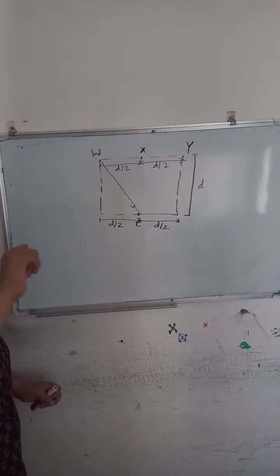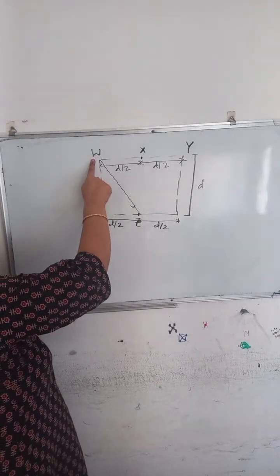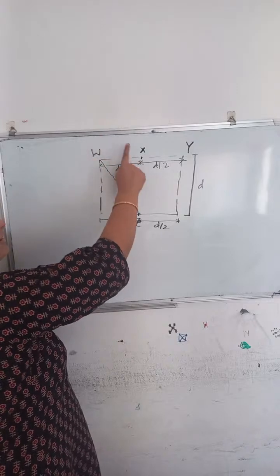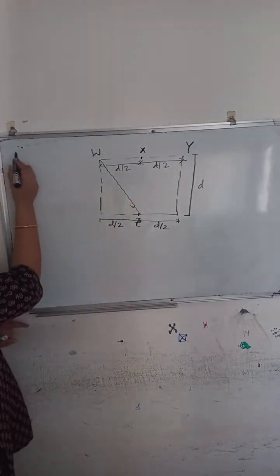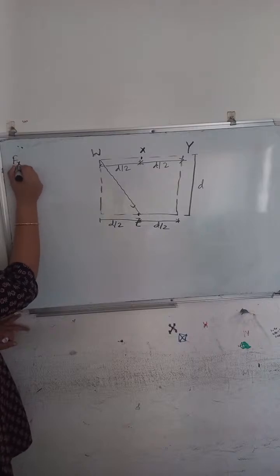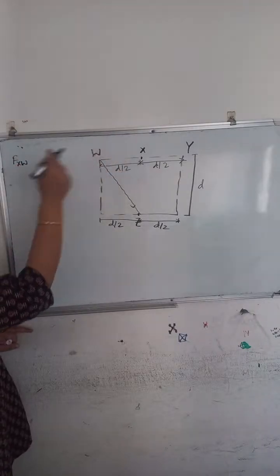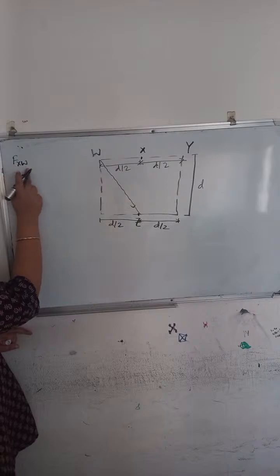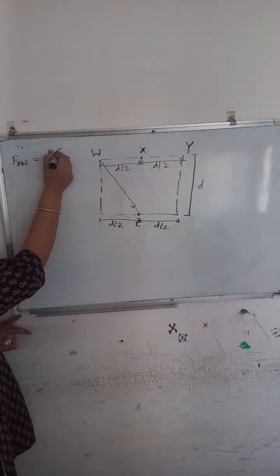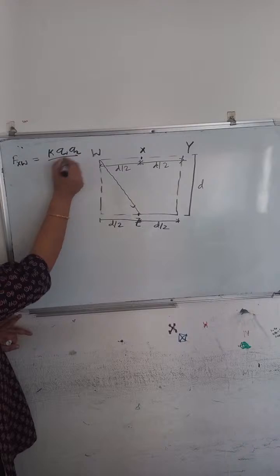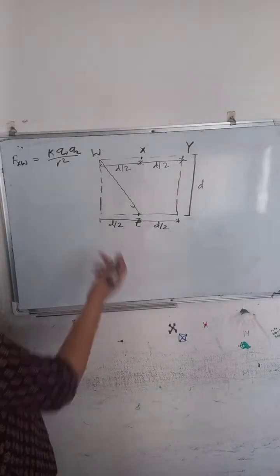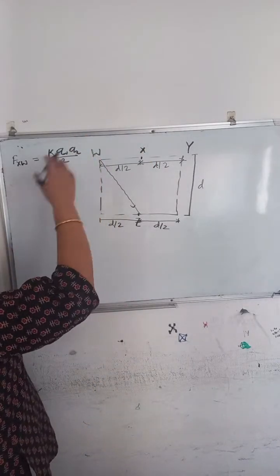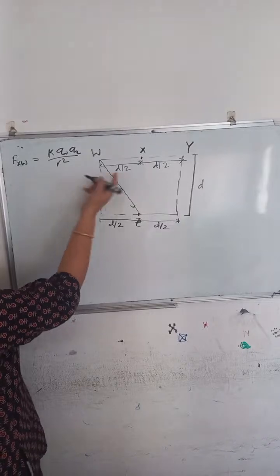But the problem is that whenever W is acting on X, we know the distance. According to Coulomb's law, the force of W on X is kQ1Q2 upon R square. Here the charges on X and W are the same, but the distance is d by 2.